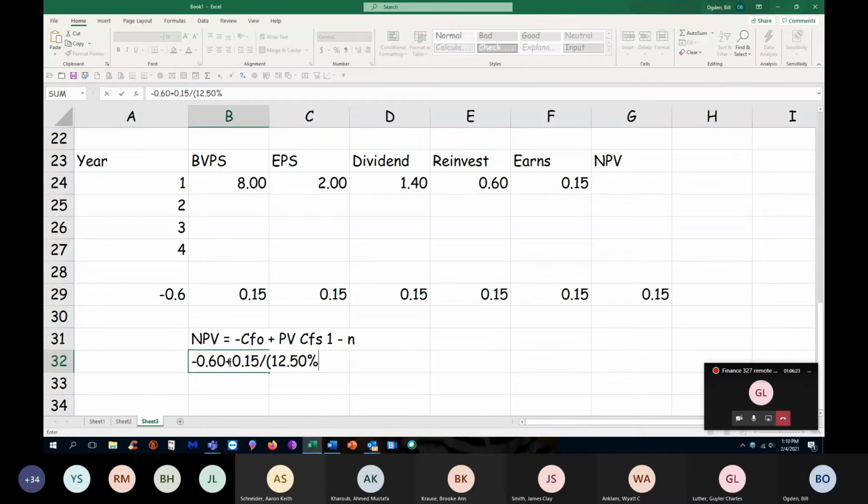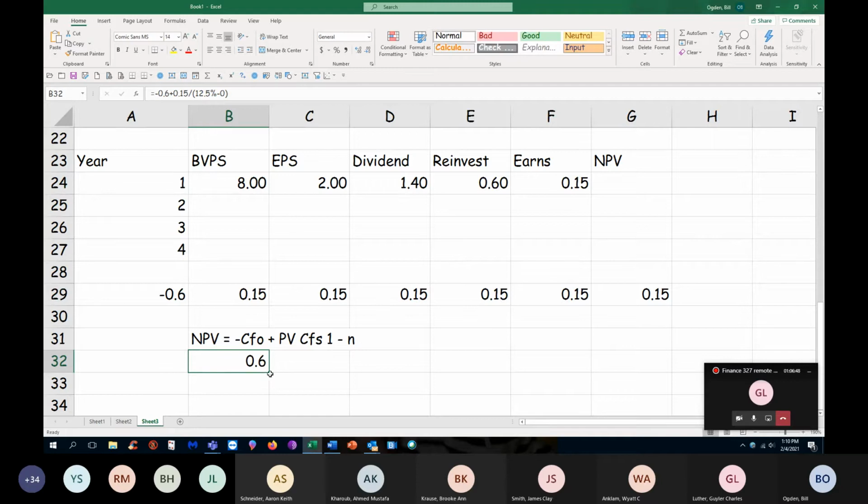Minus the growth, and there is no growth. This 15 cents, as you can see, does not grow, correct? Minus 0. So we basically can just say, well, we can do it, and you'll get 60 cents as the NPV.